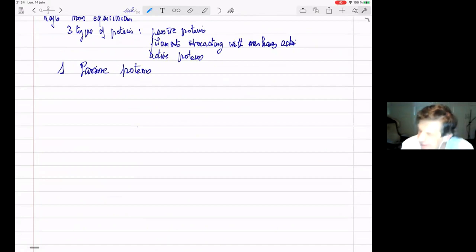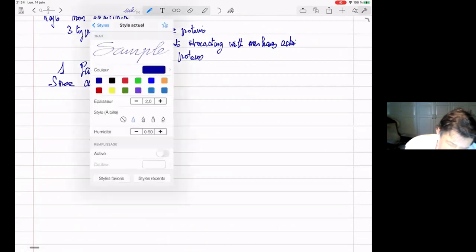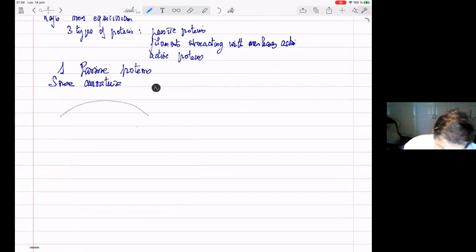And I will give you an extremely simple example of a passive protein, which are proteins that sense curvature. So I will consider a membrane which is curved. It can be curved in this direction, or be curved in this direction.